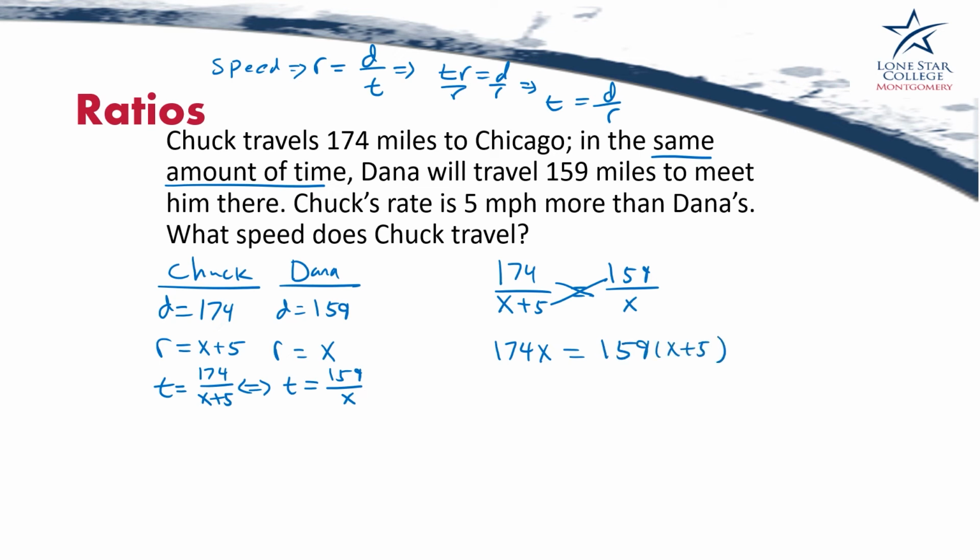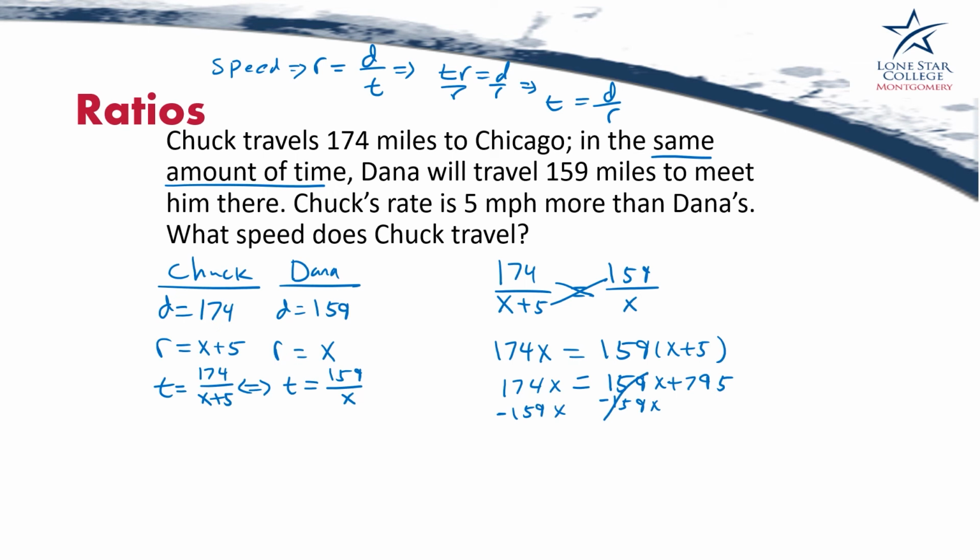If we distribute the right side, we have 159X plus 795. So we're dealing with just a simple linear equation. To solve for X, we subtract 159X from both sides to bring it over to the left side.